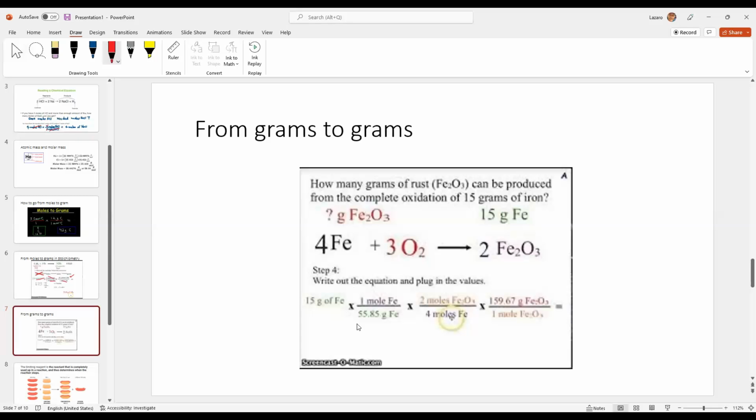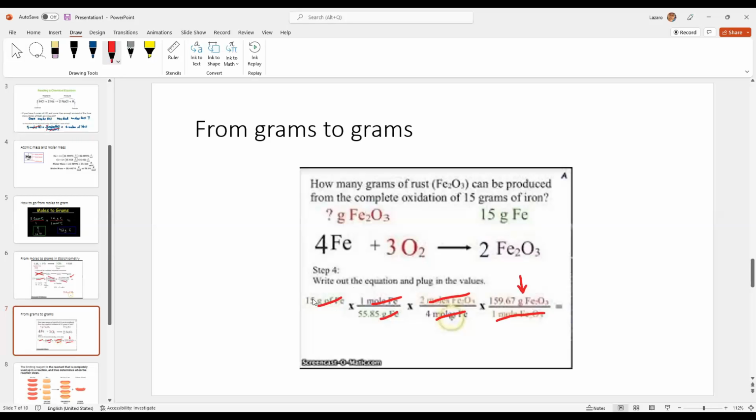Let's explain it a little slowly. For example, you cancel grams of iron with grams of iron, moles of iron with moles of iron, moles of iron 3 oxide with moles of iron 3 oxide, and the answer will be in grams of iron 3 oxide.